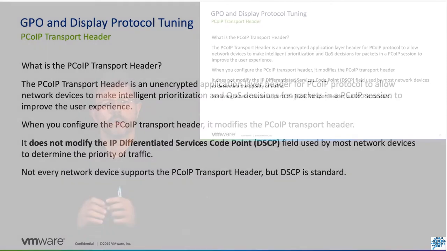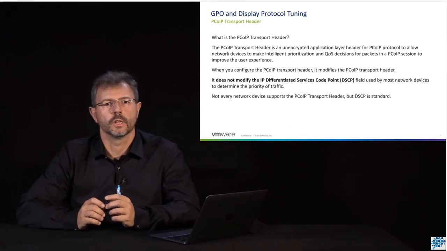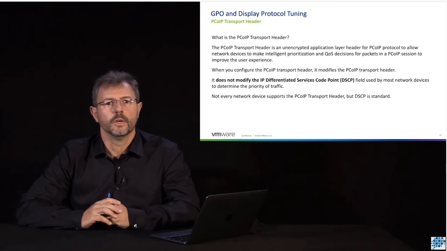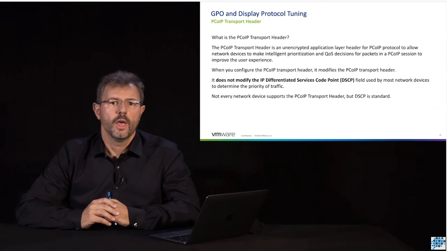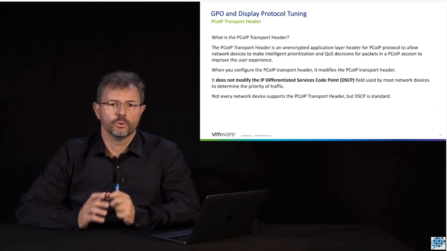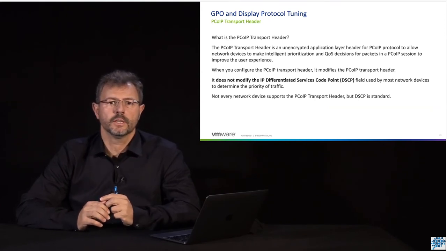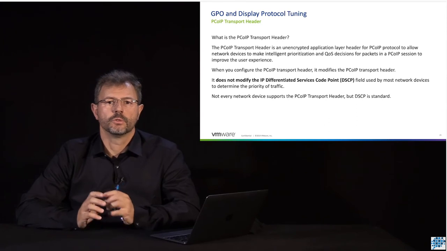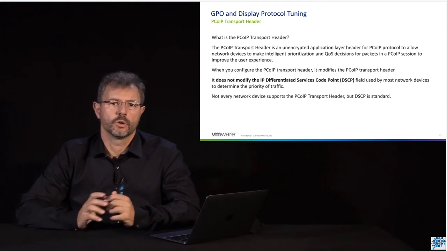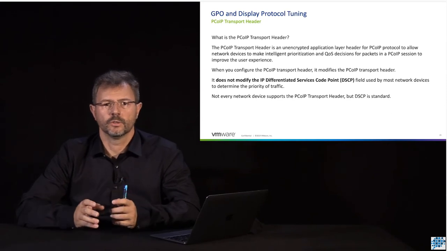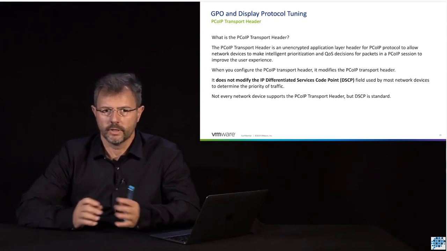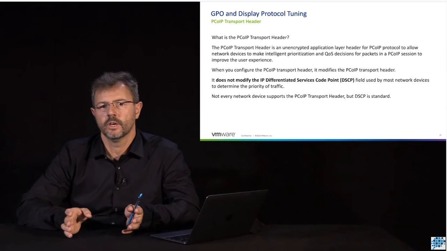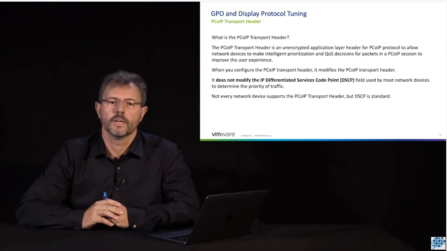So I would rather use quality of service on layer 2 or differentiated services code point on layer 3, because those are standards. On top of that, those values can be very easily set on your distributed virtual switch in your virtual environment. Therefore, you are using standard values which more or less all of the network devices can take care of, and you have your quality of service in place.